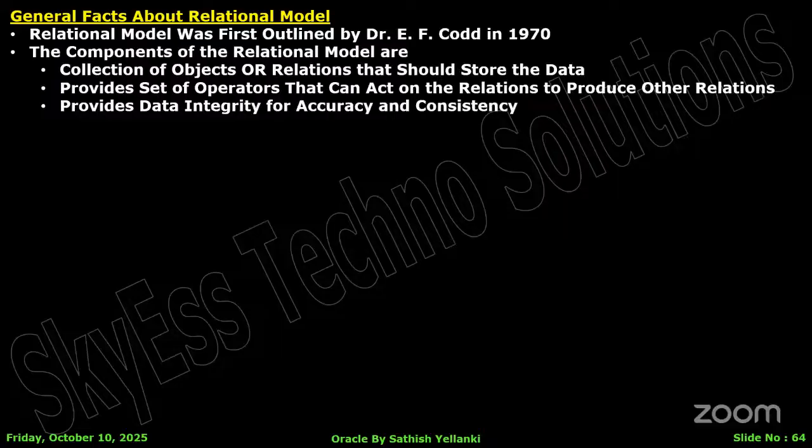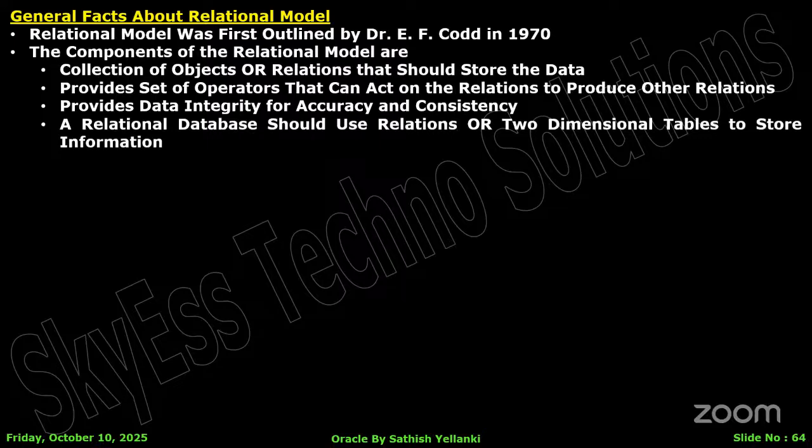Relational databases, wherever you go, as per the relational model standards, use relations in the form of two-dimensional tables for storing the data. Whether you are storing the data, or I am, or even Oracle Corporation is storing the data, it will store the data only in a default structure called a table. Am I clear?